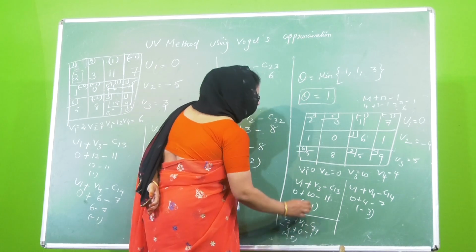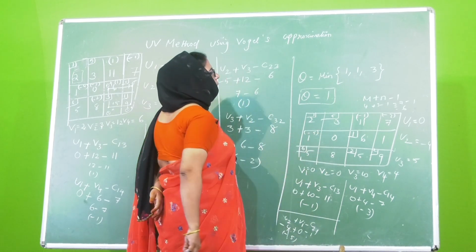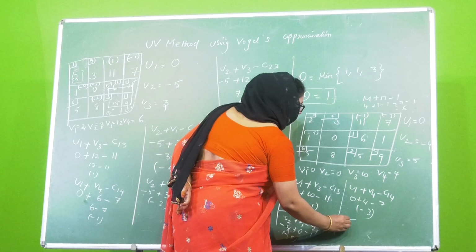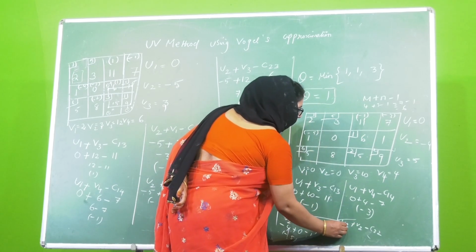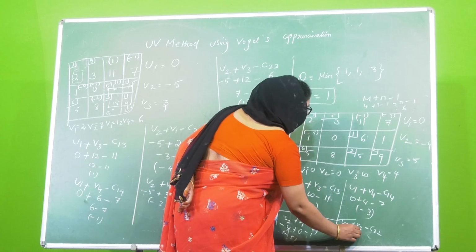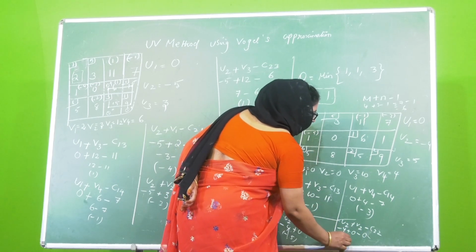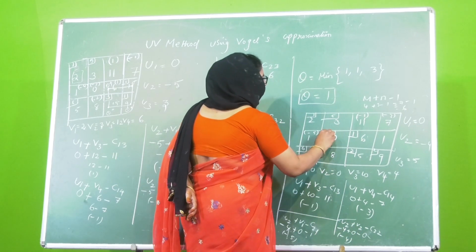That is minus 5. u2 plus v2 minus c22: minus 4 plus 0. So minus 4 is there.